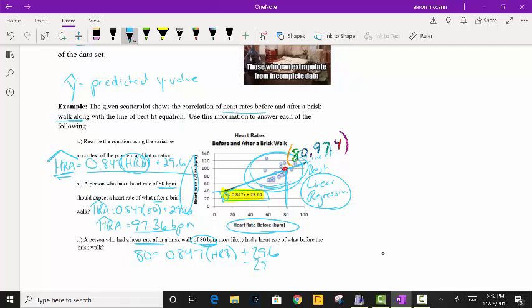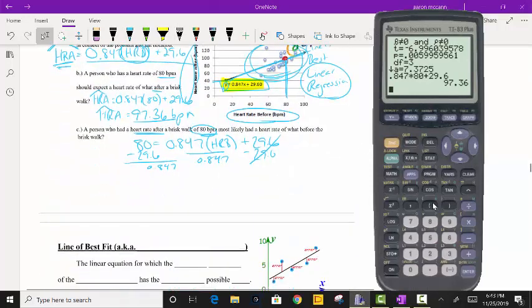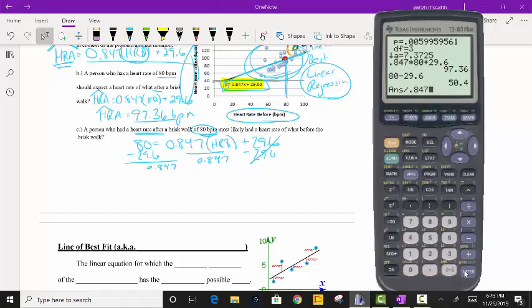So we're going to minus the 29.6, and then we're going to divide both sides by 0.847. Okay, so then we can just go to the calculator and do that. So 80 minus 29.6, and then take that answer and divide that answer by 0.847.